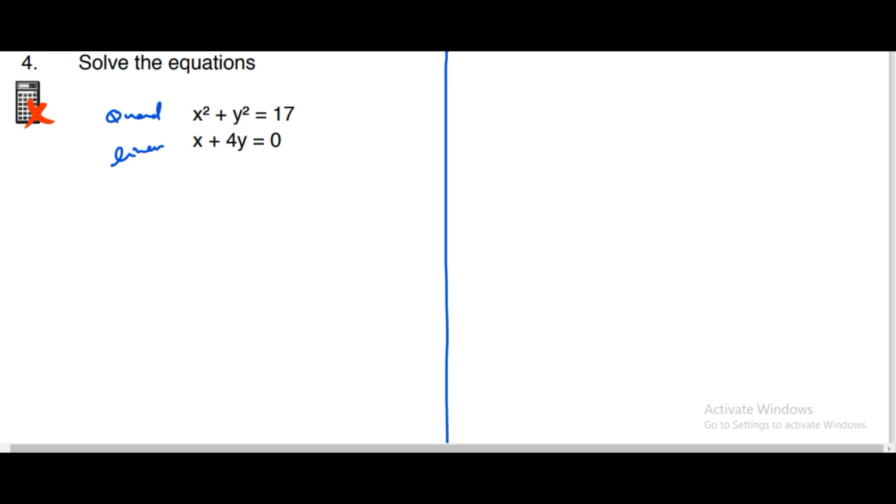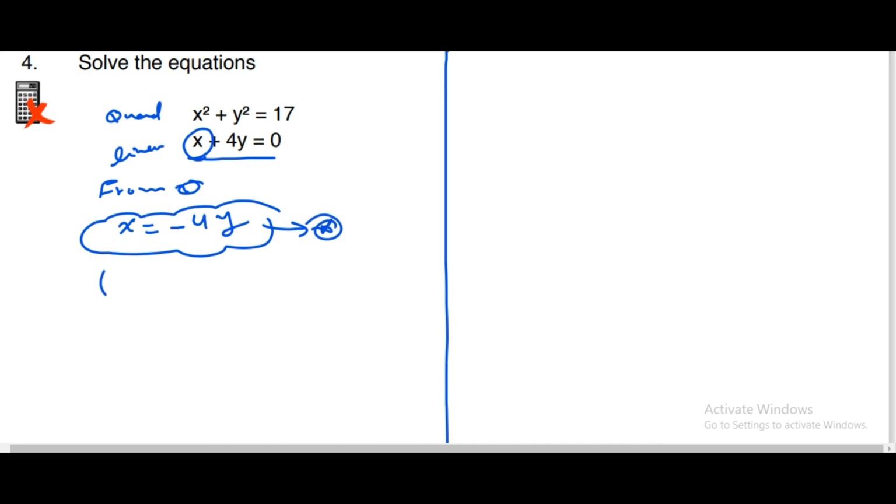So in the other equation, which is linear, we'll try to choose the variable with coefficient 1 or negative 1 if it exists. Here we have the variable x, so from equation 2 we say x equals negative 4y. This is equation star.